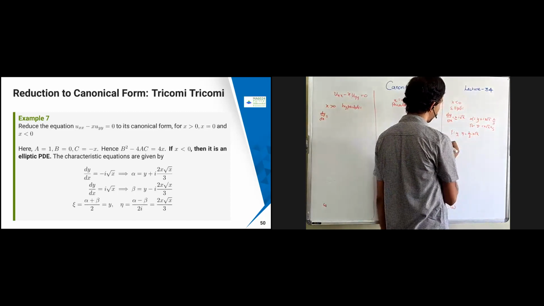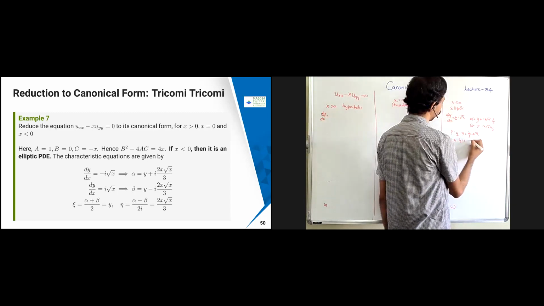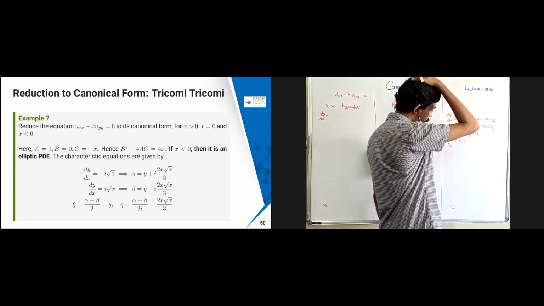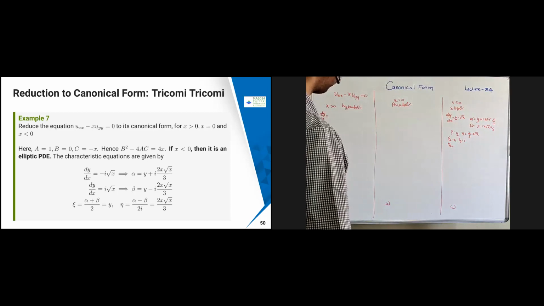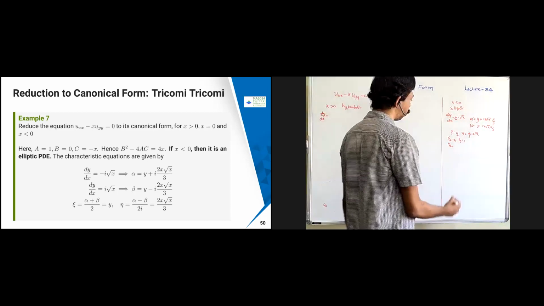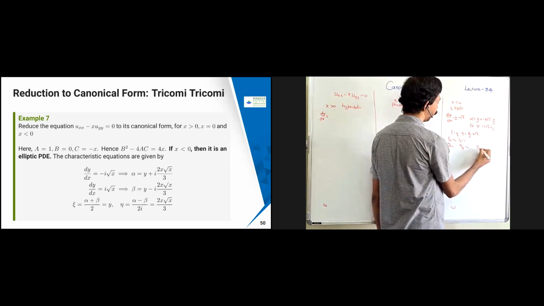Okay. Now tell me what is chi x? 0. Chi y is 1, remaining 0. Okay. Eta x is, what is eta x? What is eta y? Eta y is 0. Just tell me what is eta x.